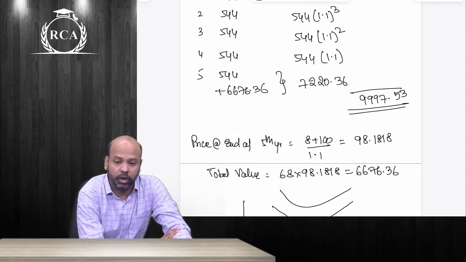Next line. The duration of a coupon paying bond will always be less than its maturity period.